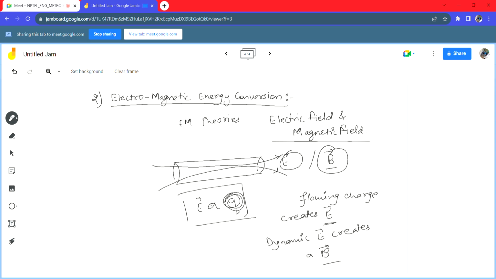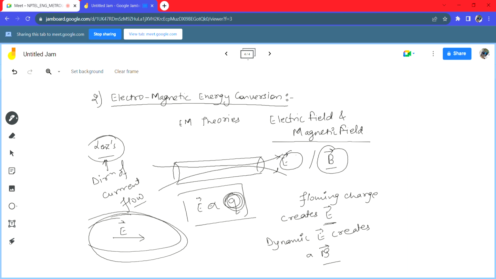So anyhow, when we see a system, we have seen Lenz's law, wherein we found the direction of current flow, and several other theorems which justify the fact that in case you have a dynamic electric field, you are obvious that you will have a magnetic field in that surrounding region.